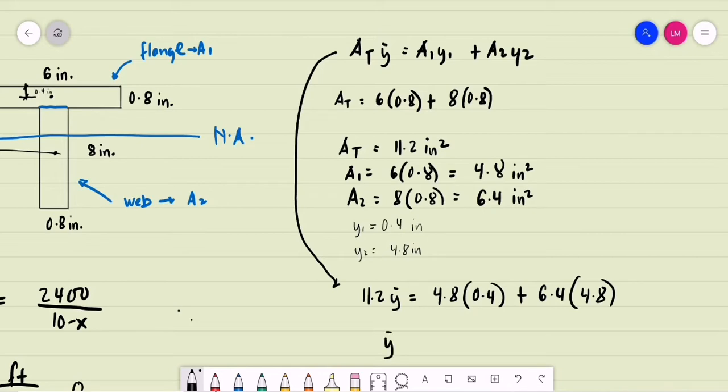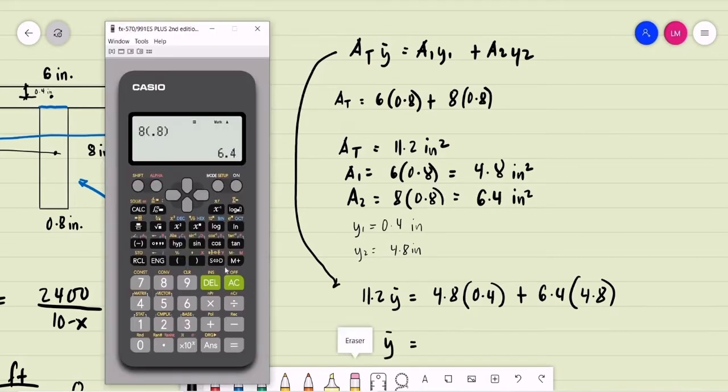So, computing for bar y, the location of the neutral axis from the top of the beam: 4.8 multiplied by 0.4, plus 6.4 multiplied by 4.8, divided by 11.2.